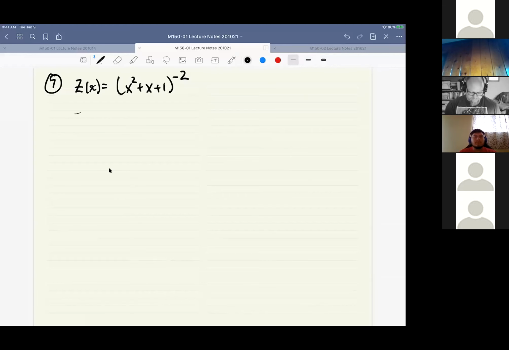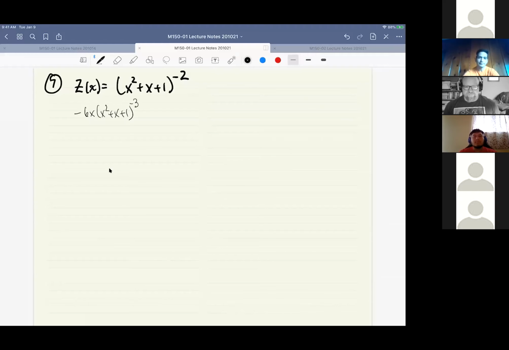Negative 6x and then parentheses x squared plus x plus 1 parentheses and then to the negative third power. Okay. Anybody else have an answer that they want to share? I do, but I made it into a rational function if that's fine. That's fine.